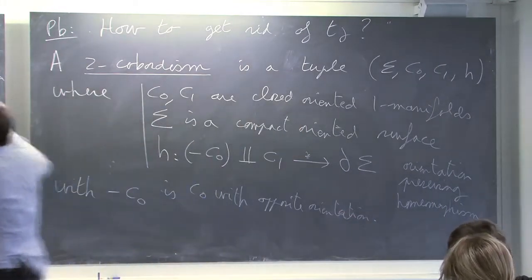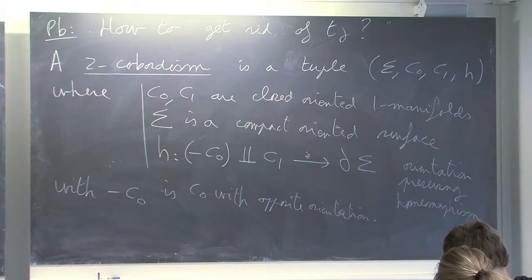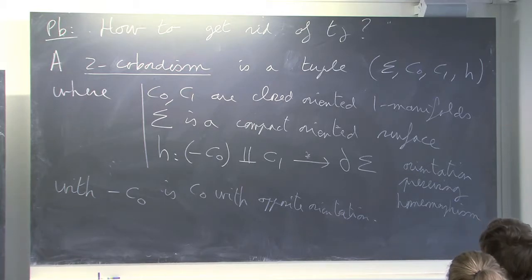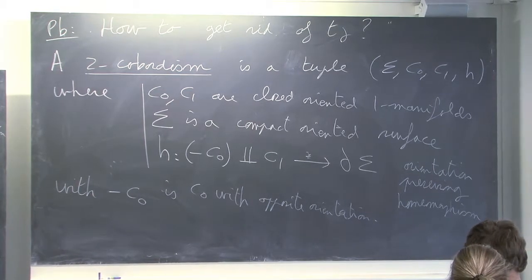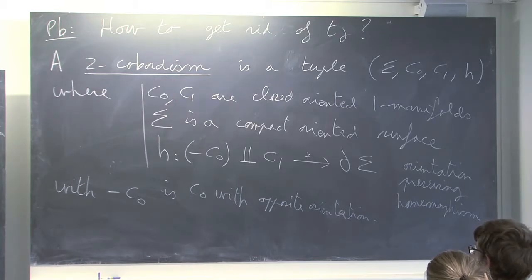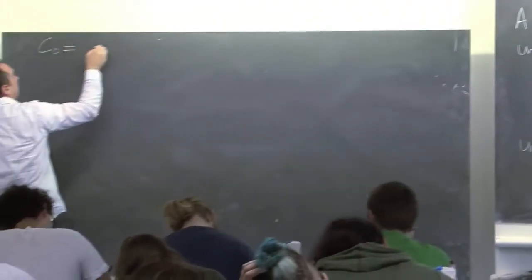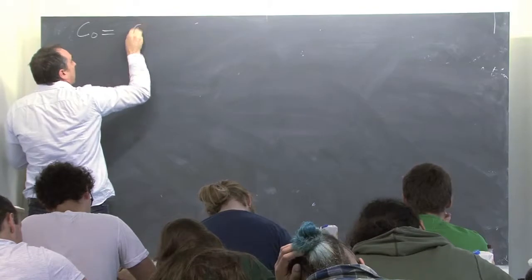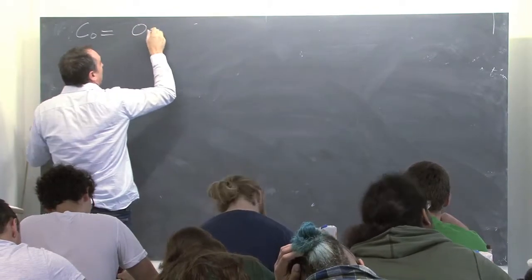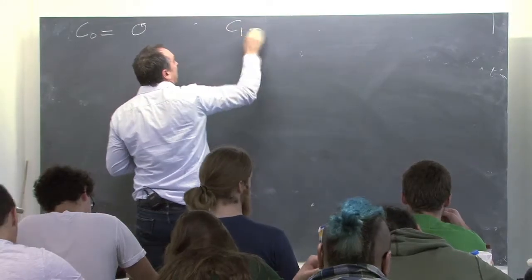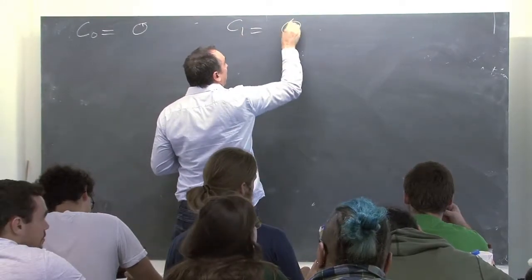Okay, so let's see something like this. Let's say C0 is just one oriented circle, and C1 is, let's say, three oriented circles.